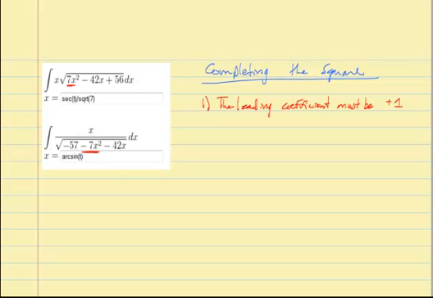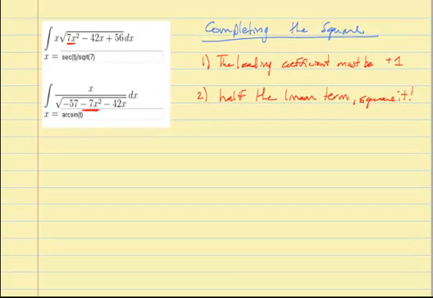Now after you factor out anything that's in front of the leading coefficient that is not positive 1, the second step is to take half of the linear term and square it. And completing the square works two ways.